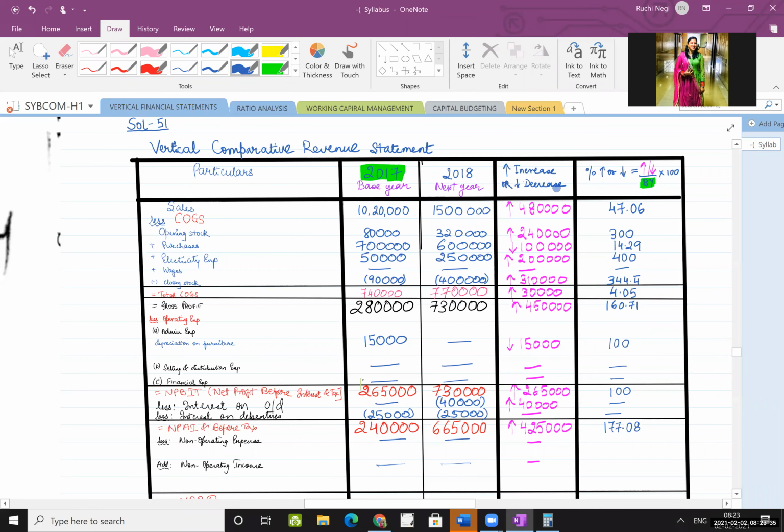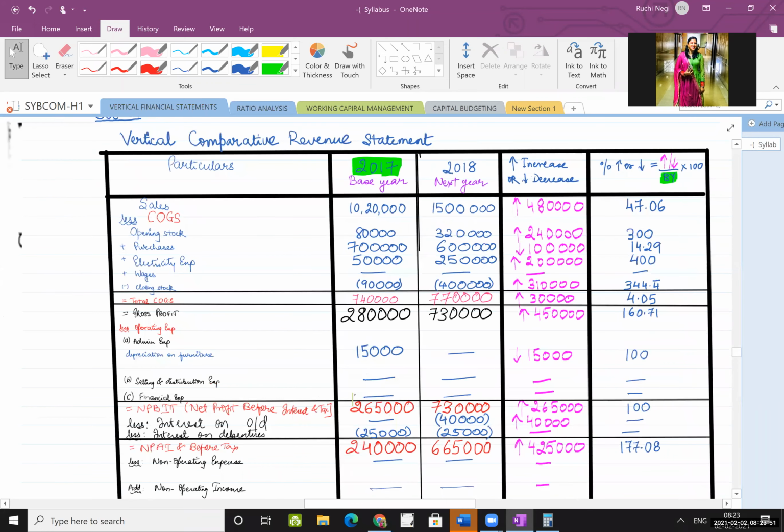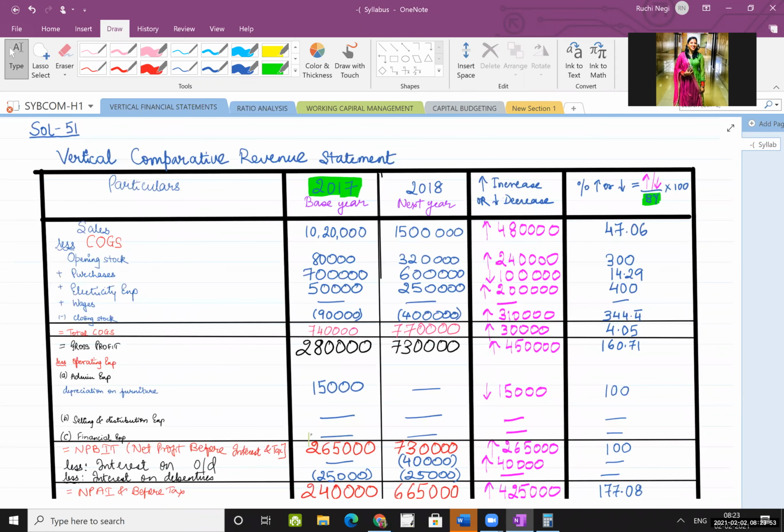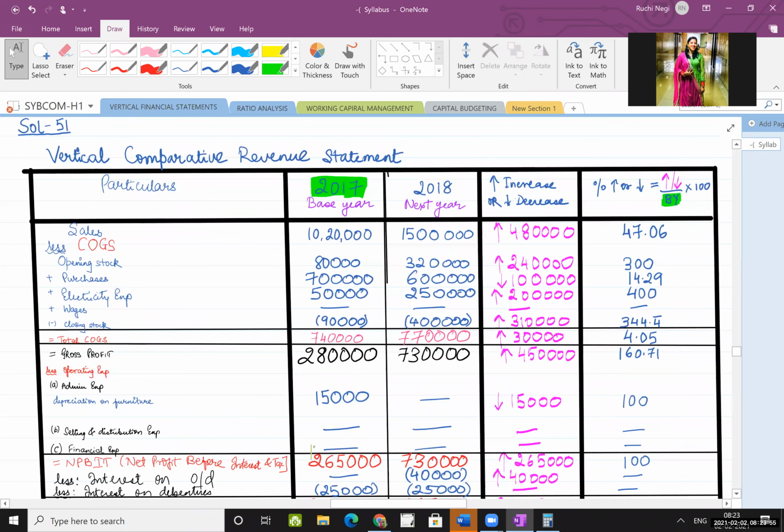Then increase decrease and percentage increase decrease. Write down the formula of percentage increase decrease. Write this formula: increase or decrease upon base year into 100.